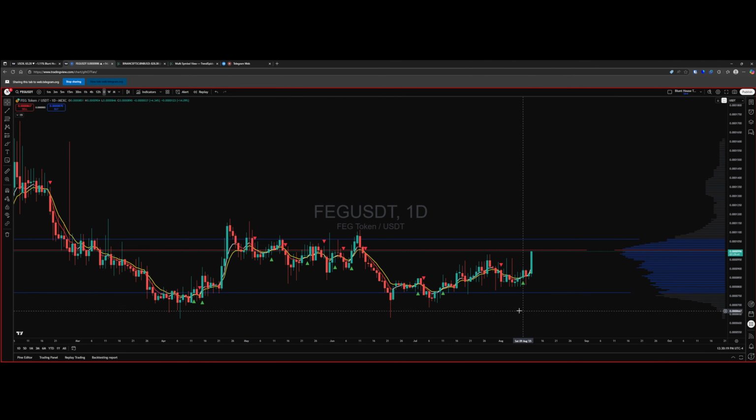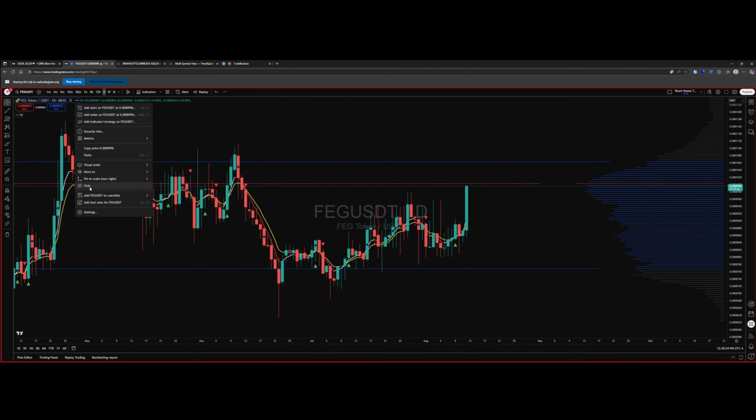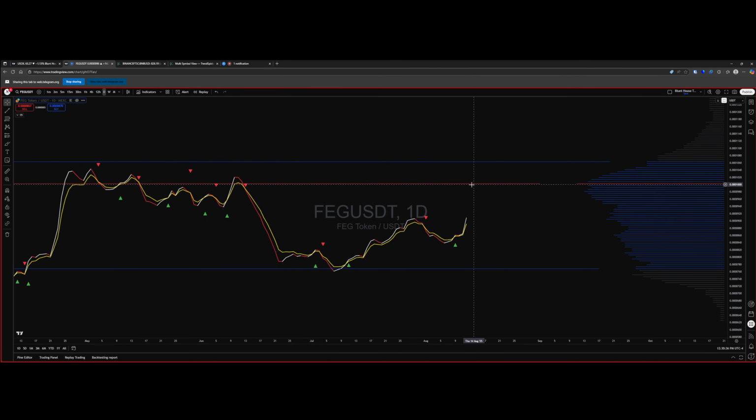This is a nice clean signal, and hopefully this goes on a run. If it fails, what happens? Well, first thing you're going to want to do is come back and test the T line and or the 5 EMA. Is the horse a little bit far away from the barn, in other words, from the T line and the 5 EMA on the daily?